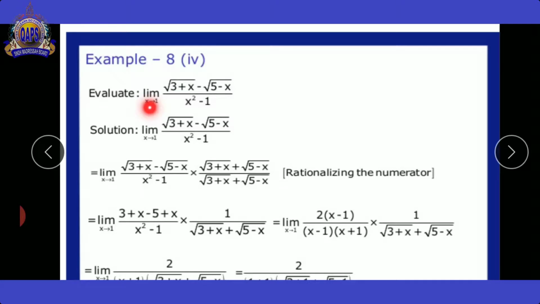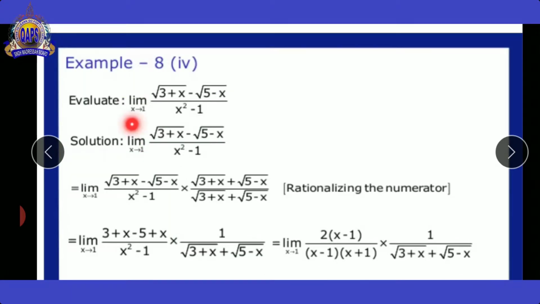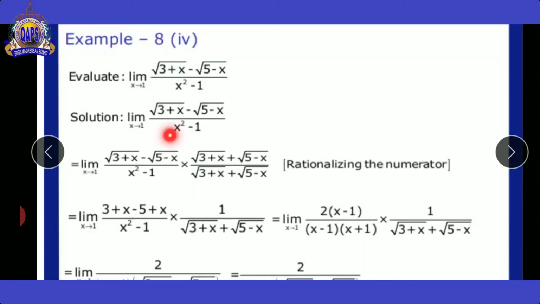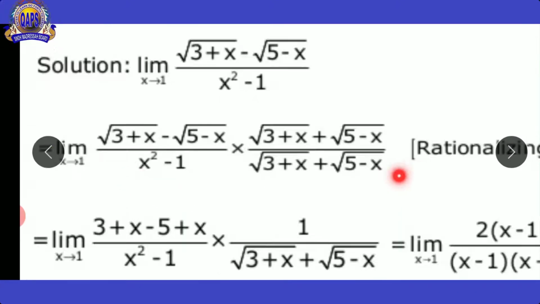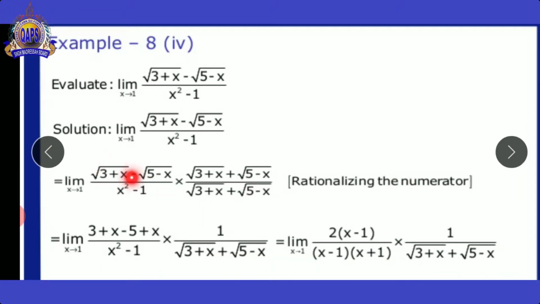limit x tends to 1, radical 3 plus x minus radical 5 minus x. When we directly apply x approaches 1, it will become in the form of infinity. So that's why we are rationalizing the numerator. This numerator is negative, so we multiply by the positive conjugate.